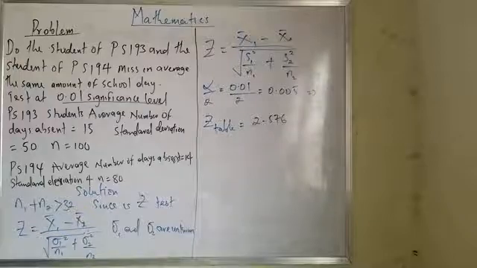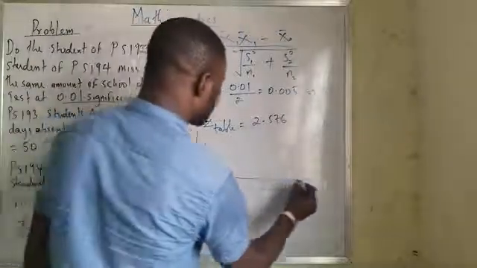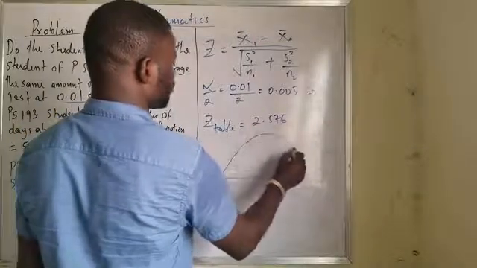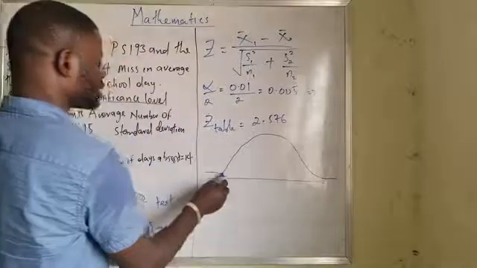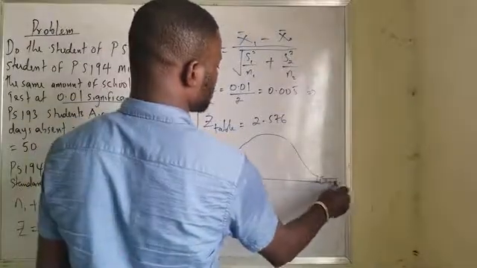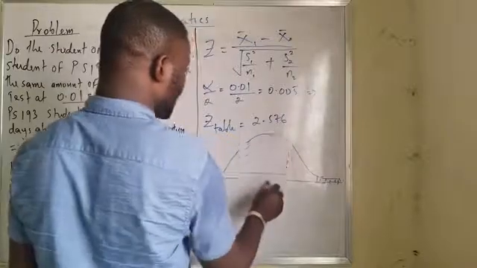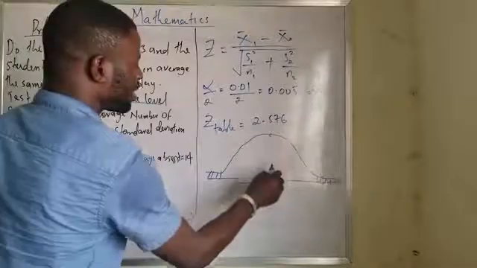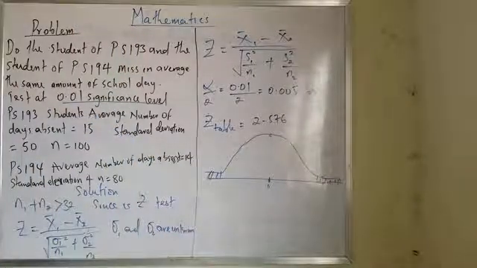Now I want to draw the critical region. This is how I will go about it. I put my zero, the half knot, in the middle.